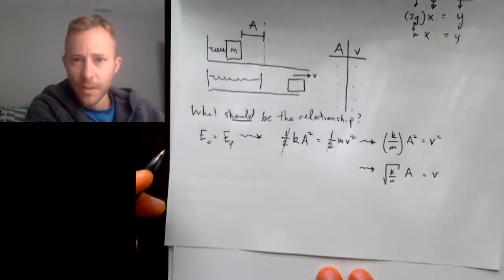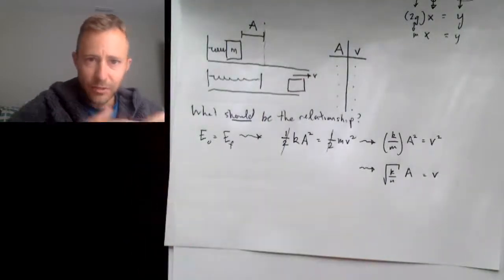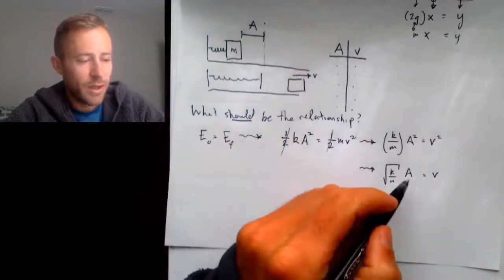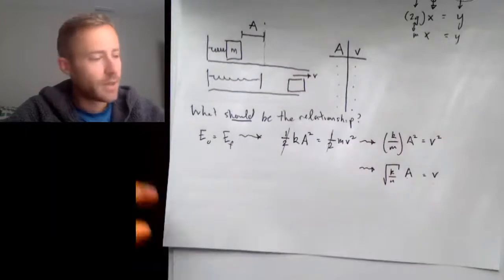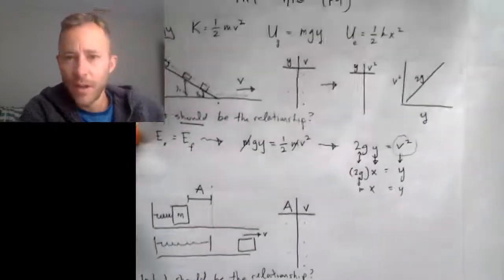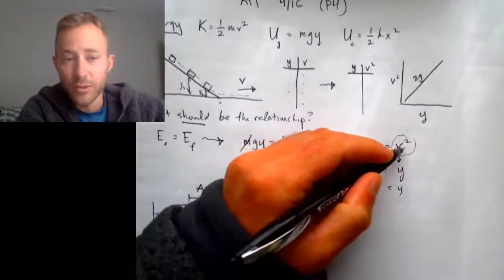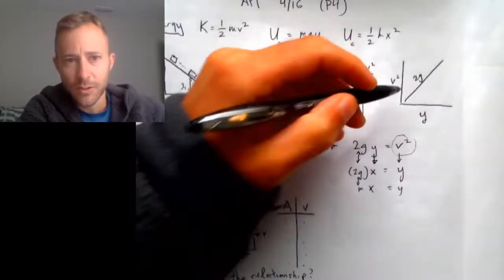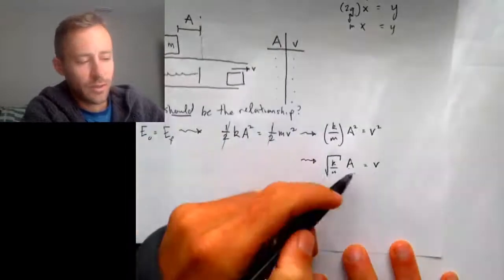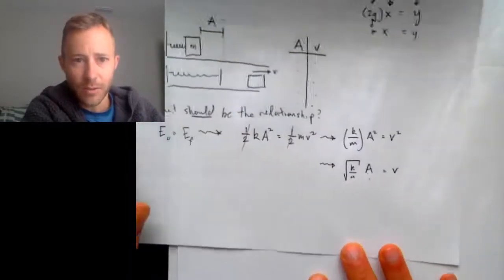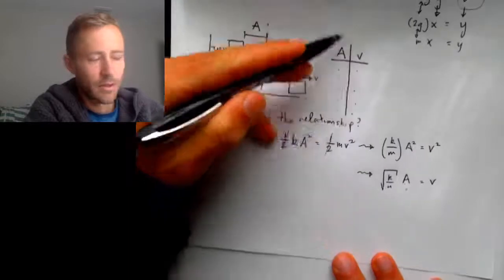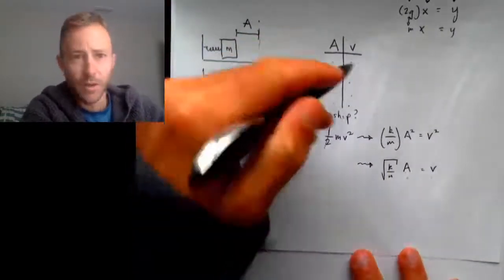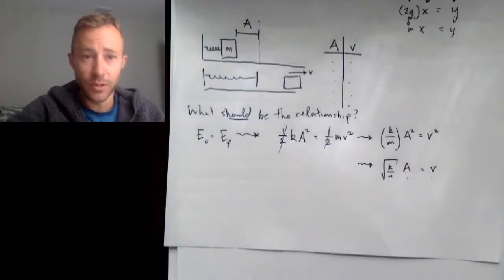All right. So notice how naturally in the equations of physics, I get a and v. Whereas here, I got y and v squared, so I had to graph v squared on the axis. Here, I naturally got a and v, so I don't have to do any squaring or anything to get a linear relationship, okay?